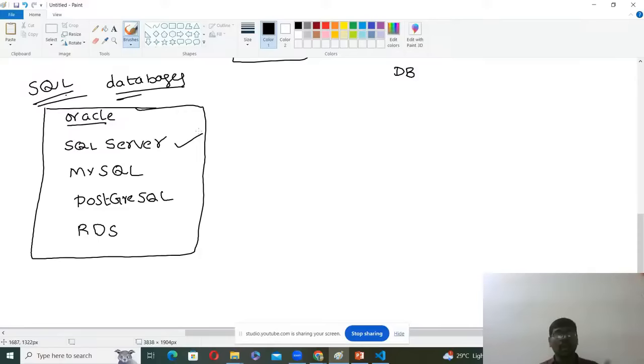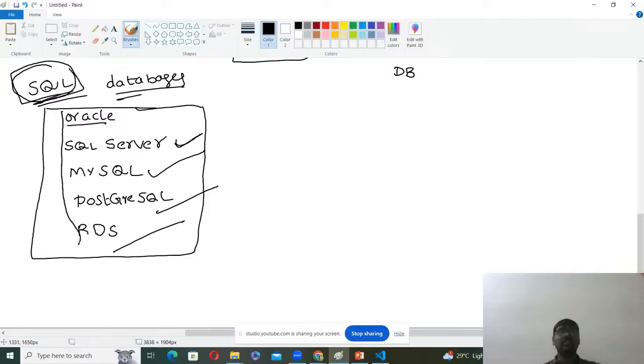No, almost everything is the same. If you know SQL, SQL Server is easy, just some minor changes. MySQL is easy, Postgre is easy, RDS is easy. You got it? SQL is the language. This language is used by these databases.